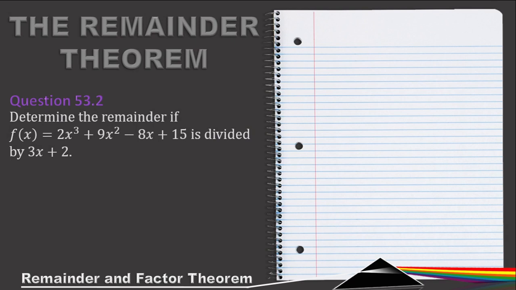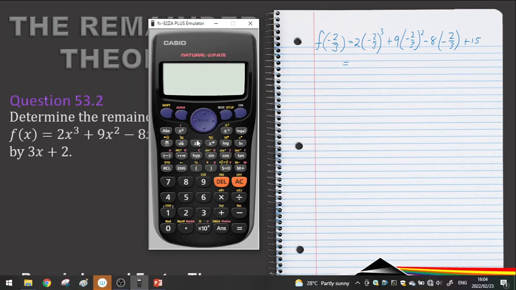Okay, and then for this final one, f(x) is divided by 3x plus 2. Basically we're going to substitute in negative 2 over 3, and that will give us negative 2 over 3 cubed plus 9 times negative 2 over 3 squared minus 8 times negative 2 over 3 plus 15. And that's just typing it in.